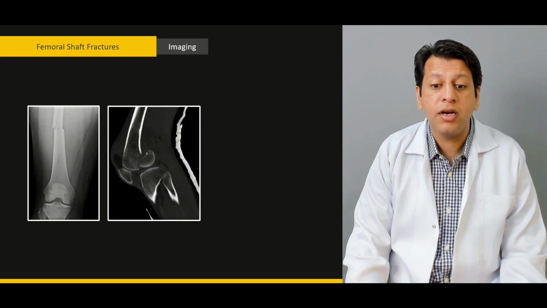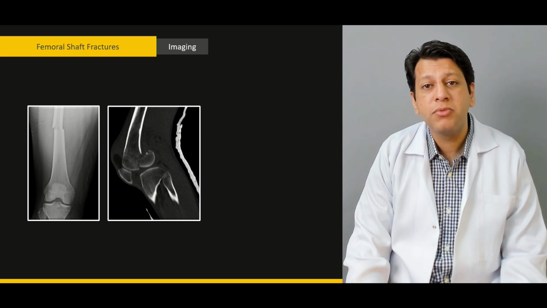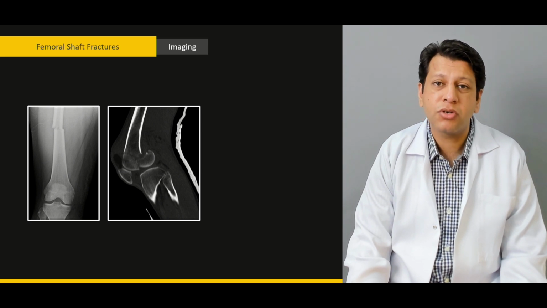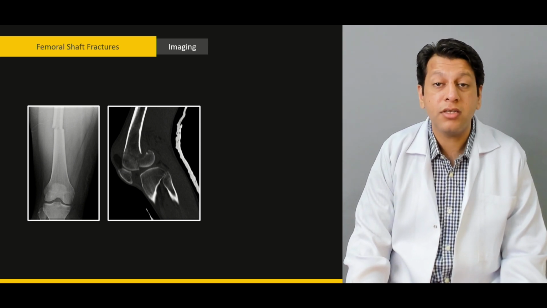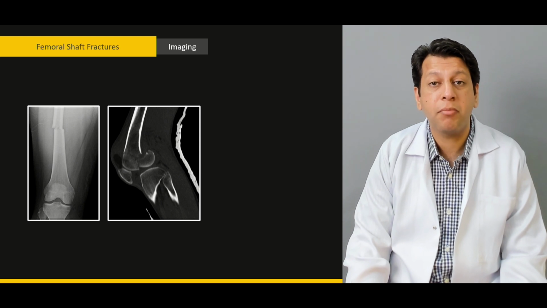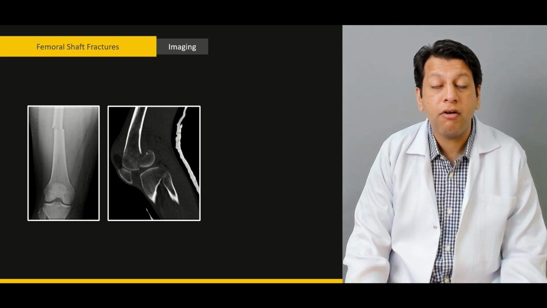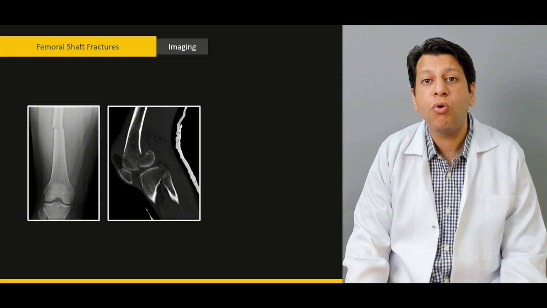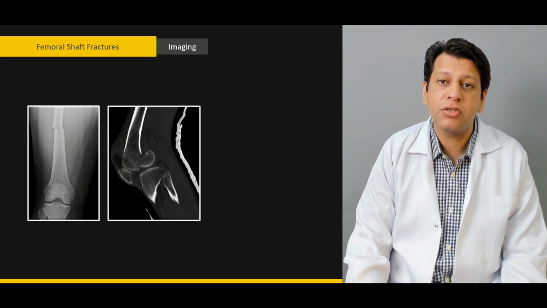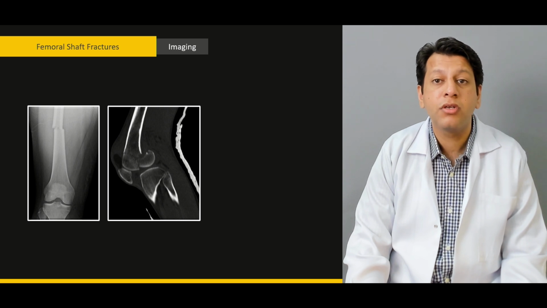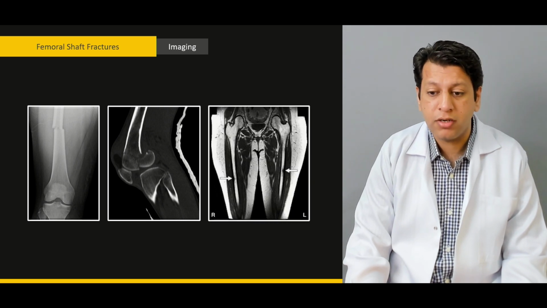Now this is a CT. Sometimes CT may be required, sometimes CT is not required. Sometimes with a comminuted fracture, you need a 3D CT so that you know the exact anatomy of the fracture fragments. Or, for example, with a Hoffa fracture, you need to look at the CT so that you view the fracture line in the coronal plane.